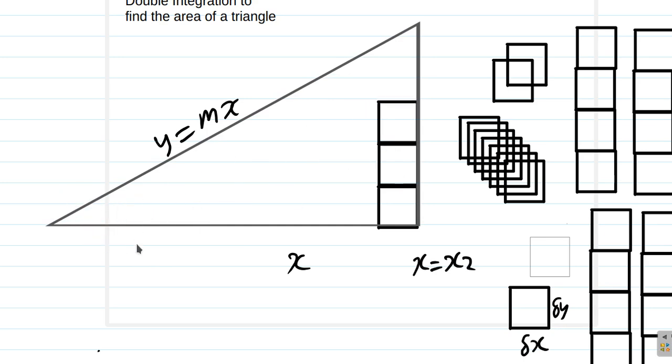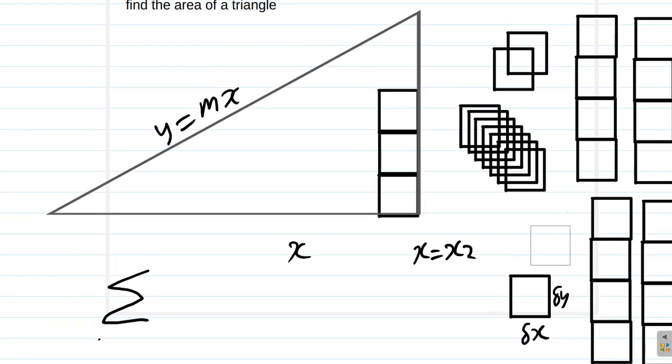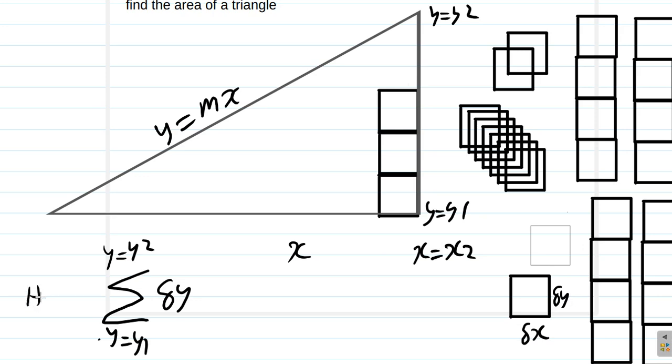So what we're doing, we're adding up from, let's say at the bottom, y equals y1, and at the top y equals y2. In other words, we're adding up from y equals y1 to y equals y2, whatever that is. And what we're doing is adding the delta y's upwards, so that is the height. Alright?